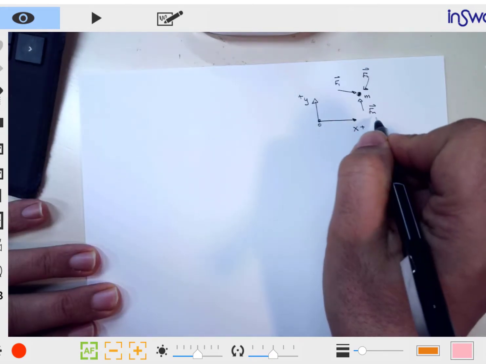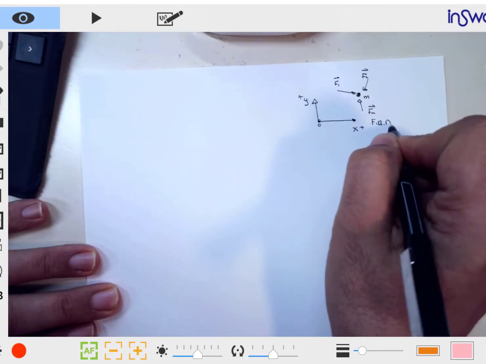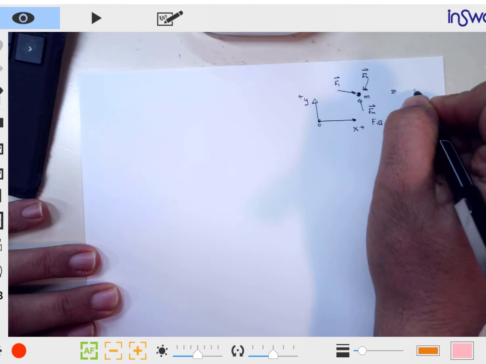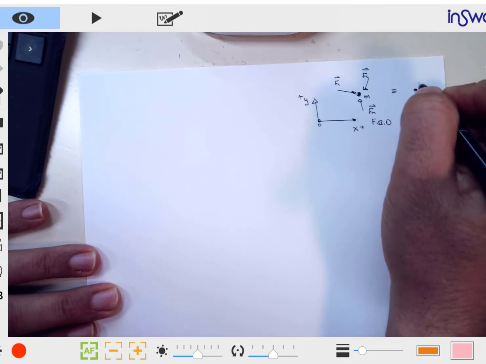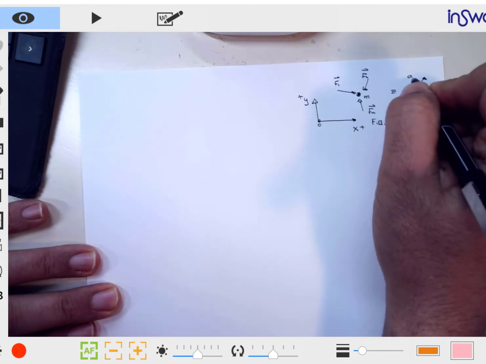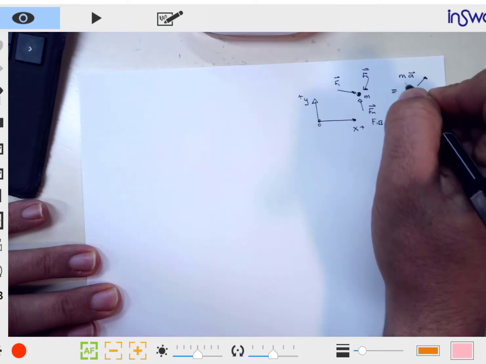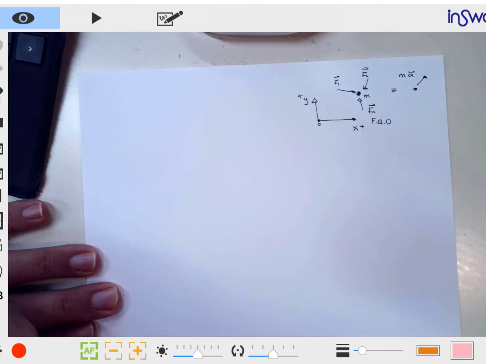This is called the free body diagram, and this is equivalent to the inertia, where the acceleration is pointing in the direction of the resultant force.